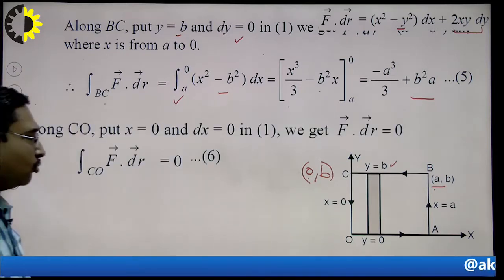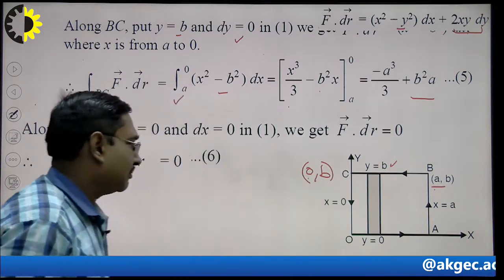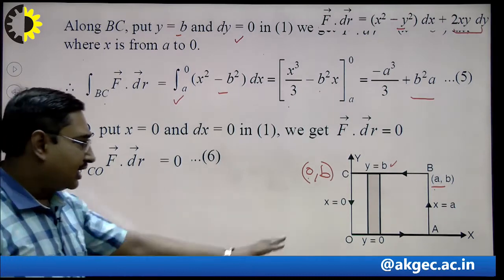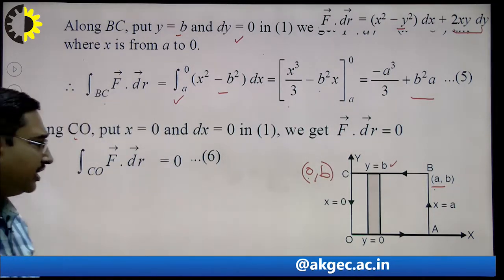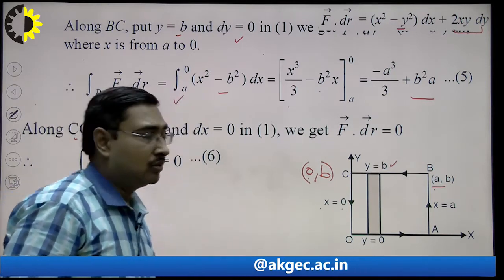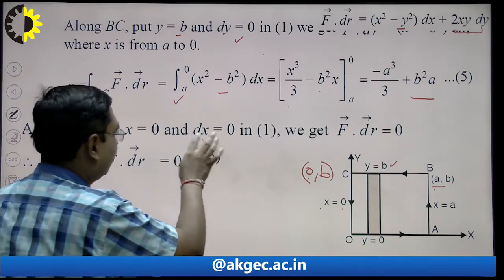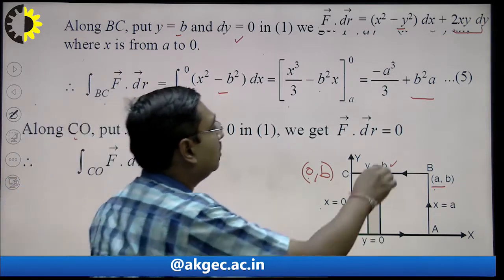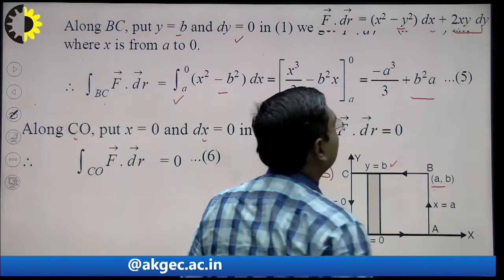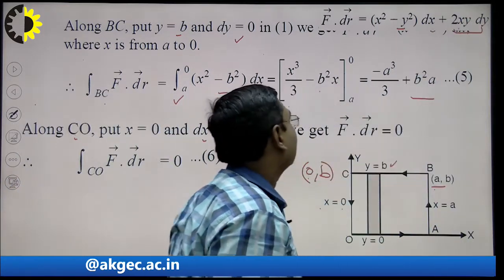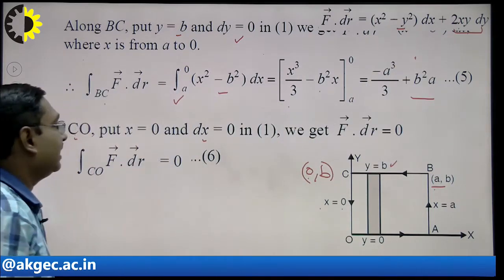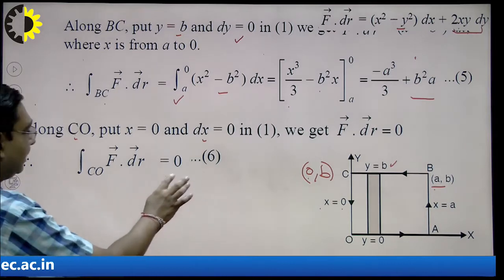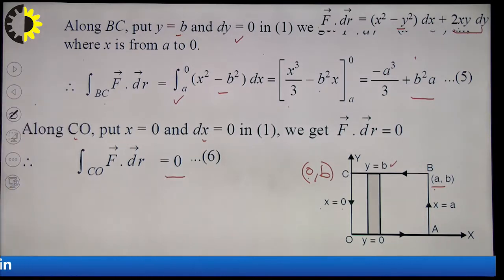Now, we move towards the last part of our curve, and the curve is CO. Along this CO, we have x equal to 0. x equal to 0 means dx equal to 0. So, substituting x equal to 0, this term will disappear. Substituting dx equal to 0, this term will again disappear, and so the integral will be nothing but 0.